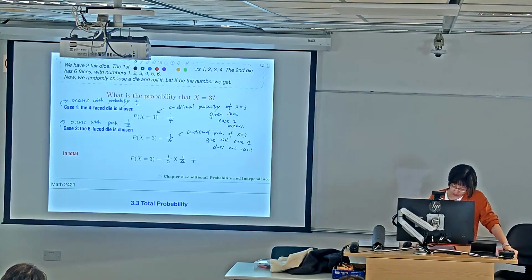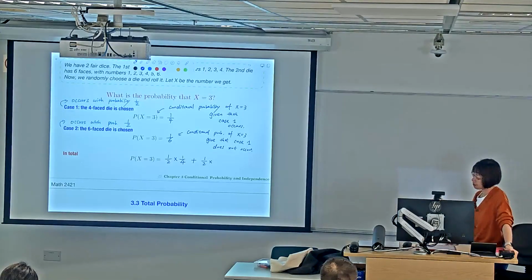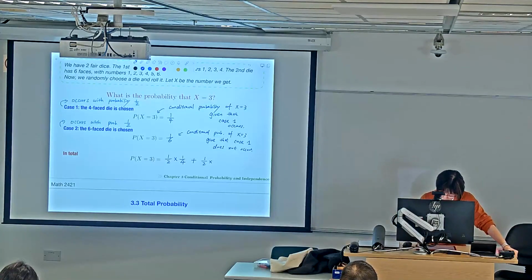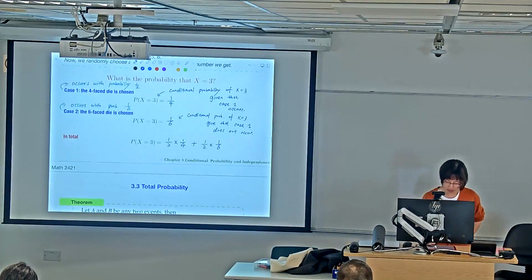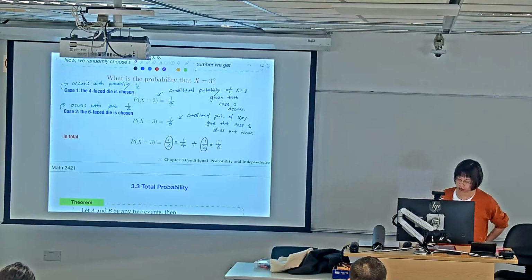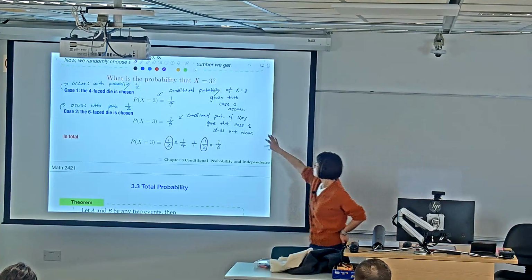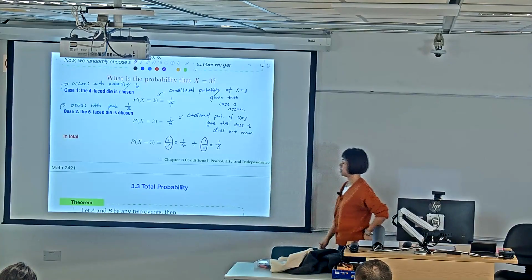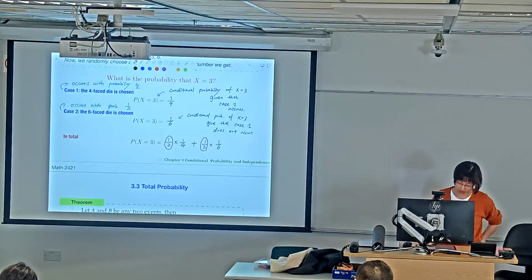And also, plus, the second case occurs with probability half. Then multiply the probability of the event given case 2 occurs, which is 1/6. Okay, you can see this is an average of this event, the probability of event x equals 3 occurs given that either case 1 or case 2 occurs.